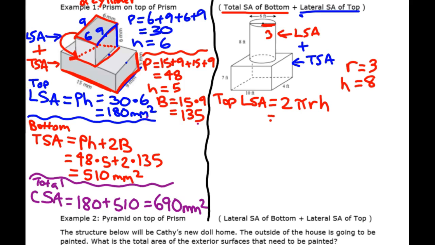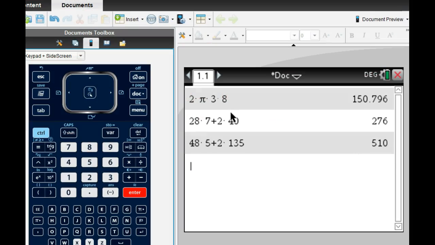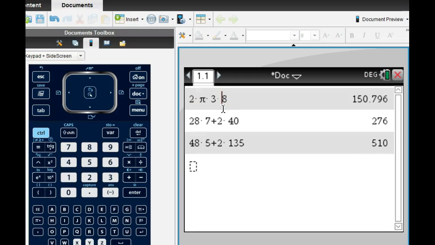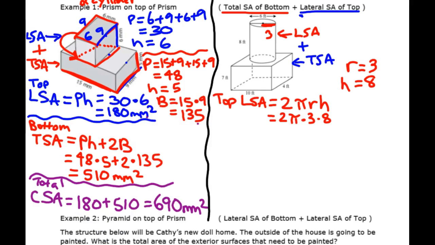So let's multiply 2 times pi times 3 times 8. I did that here, and I got 150.8. What are my units? Feet squared, square feet.